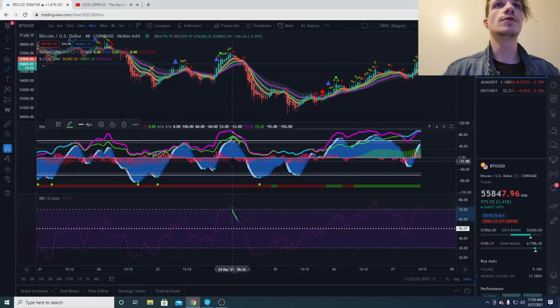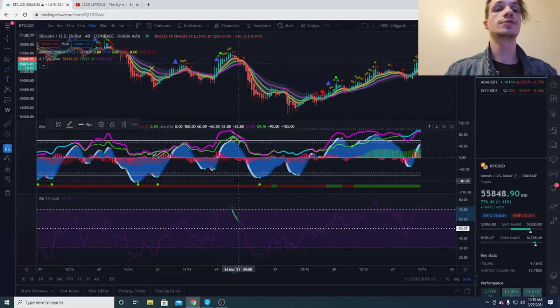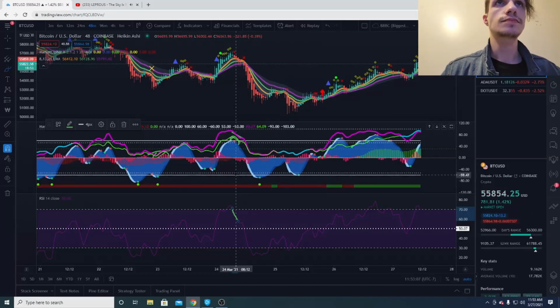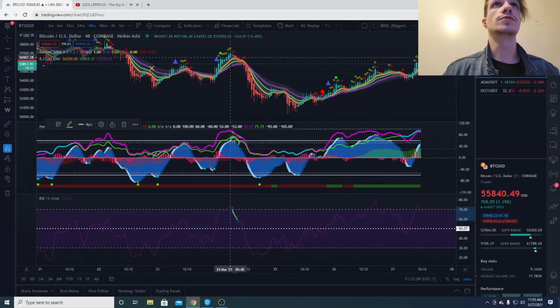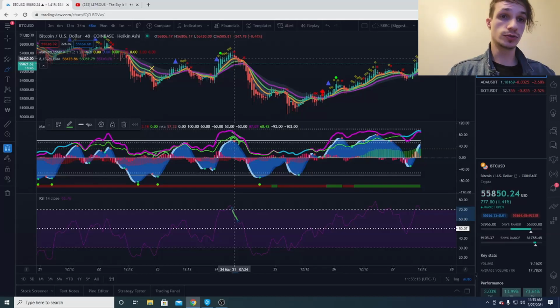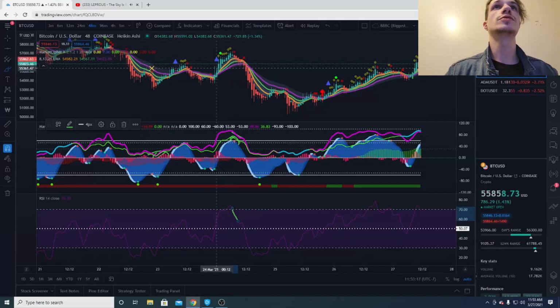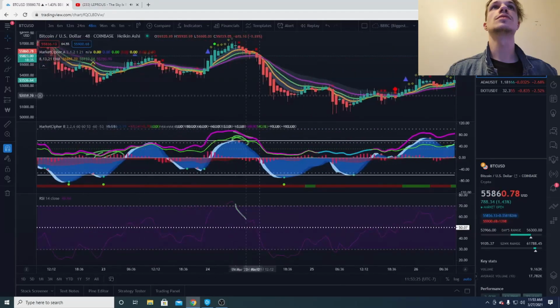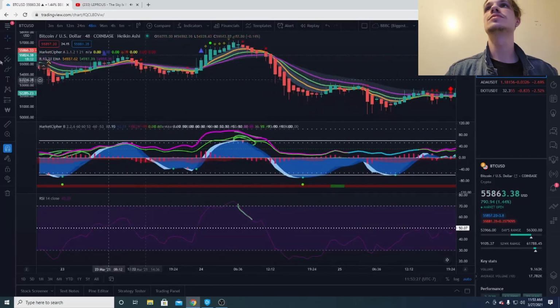You have your VWAP pointing downwards, which means that the price is going down, okay? And then you wait for your confirmation. So you want to wait for your first candle to go from green to red if you're trying to go short, and you want to wait for it to go from red to green if you're trying to go long.